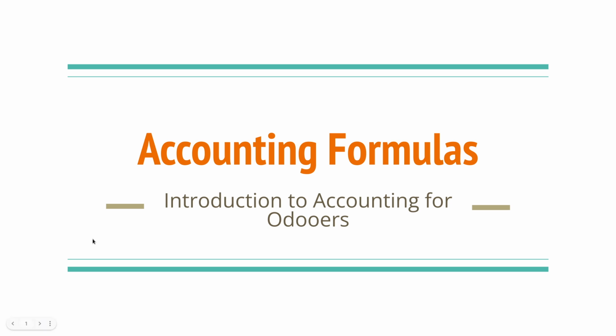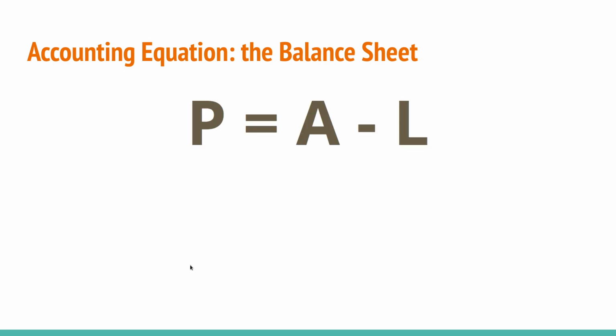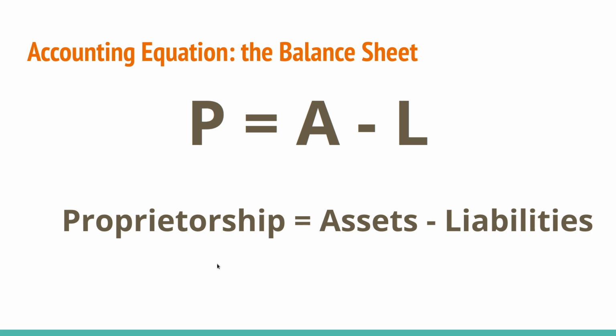So we'll just have a look at a couple of equations, and one of them is this one, which is P equals A minus L. So this means proprietorship is equal to assets minus liabilities. So proprietorship is your wealth, if you're a business owner.